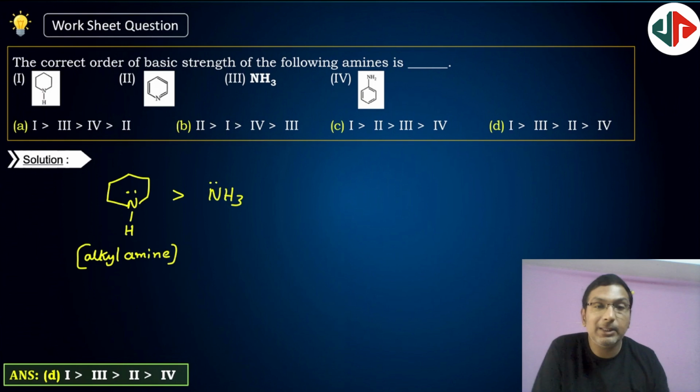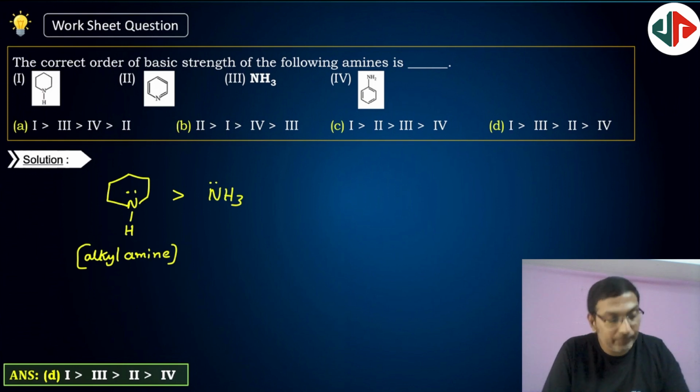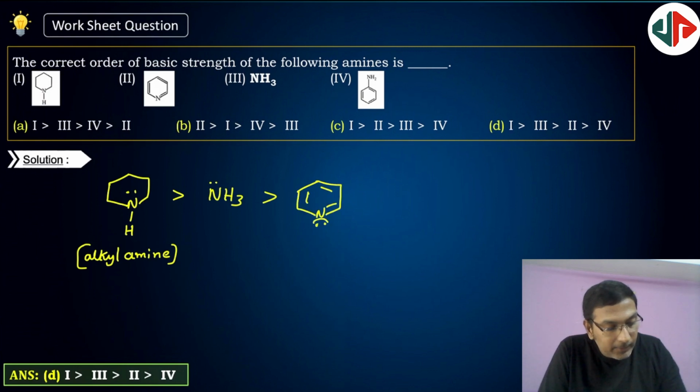So when compared to ammonia, alkyl amines are more basic due to more donation of lone pair on nitrogen. Next, after that, pyridine, here this lone pair will be free lone pair, therefore it can donate lone pair easily.